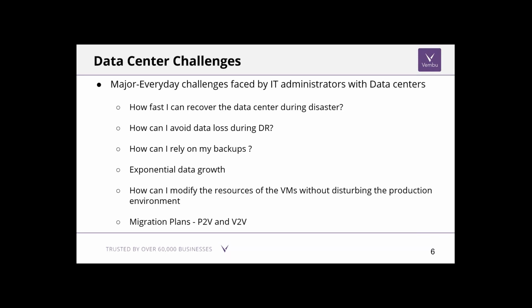Apart from that, there are some more points, some additional options they would like to get from a backup software. They actually worry about data growth. Nowadays the data centers are growing.